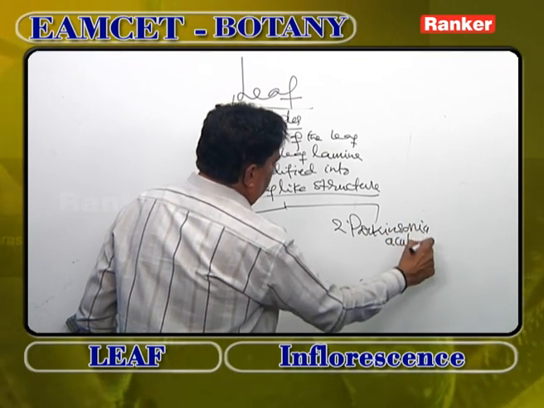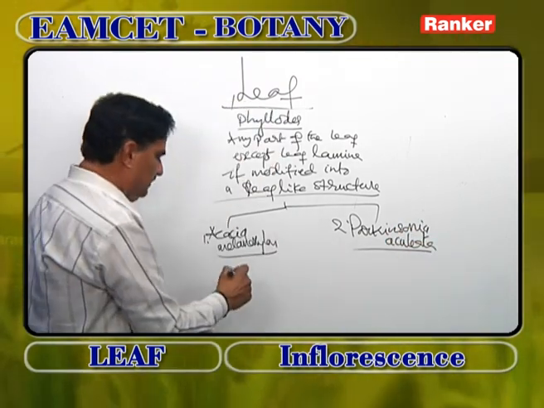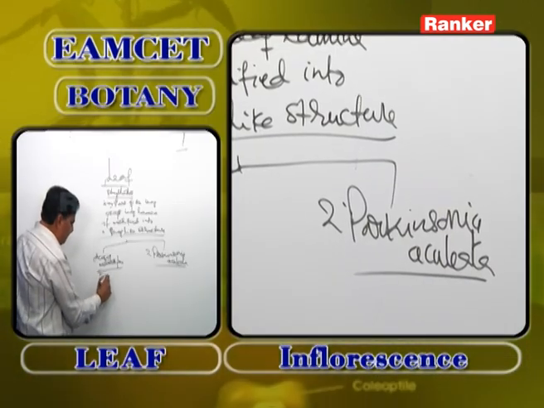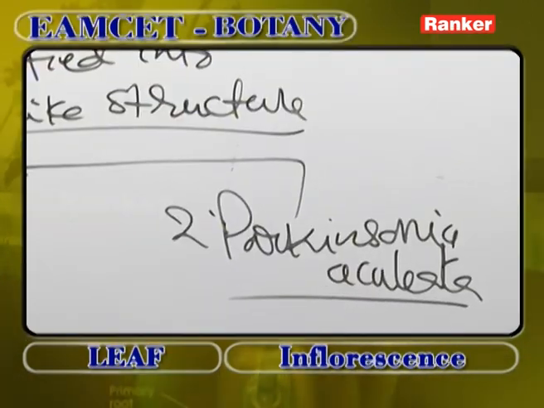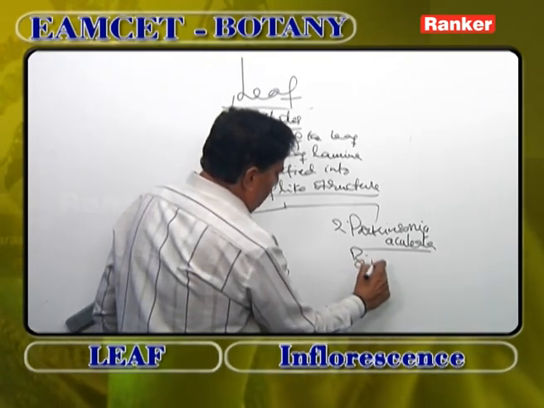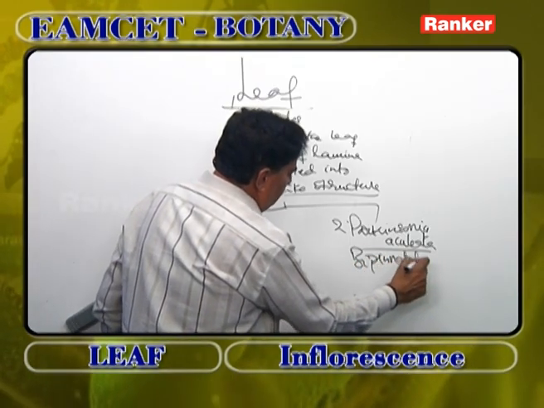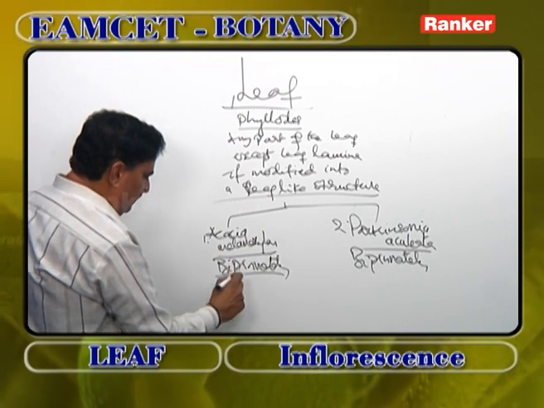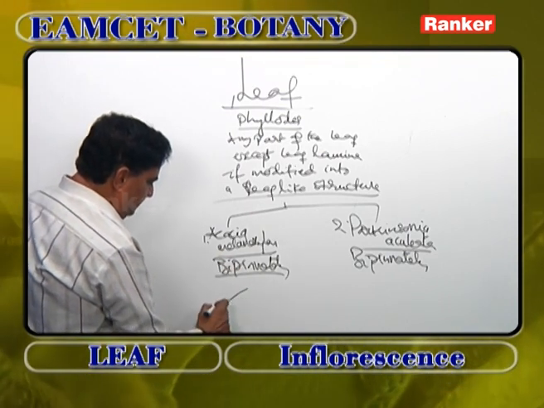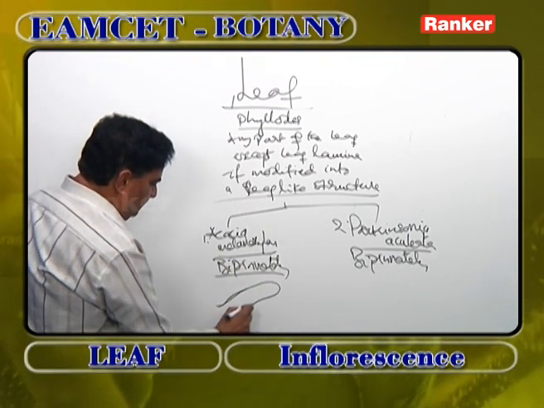In Acacia melanoxylon, bipinnately compound leaves are present. In Parkinsonia also bipinnately compound leaves are present. In the bipinnately compound leaves of Acacia, the primary rachis modifies into a phyllode.